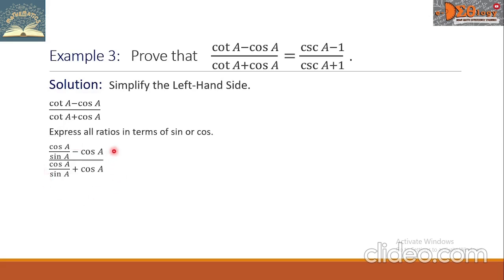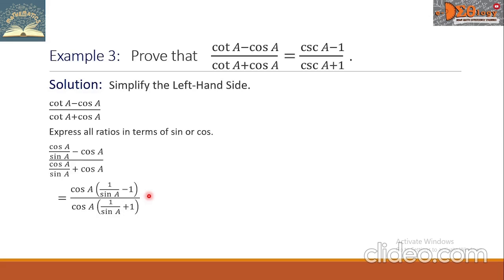Now look at the numerator. The fraction and this negative cosine A have something in common, which is the cosine A. Same is true with the denominator. Let us factor out the common, that is cosine A. So it becomes like this. Cosine A times the quantity 1 over sine A minus 1 all over cosine A times the quantity 1 over sine A plus 1.